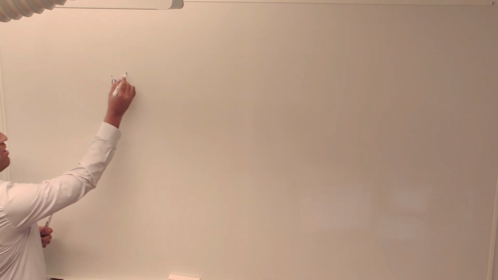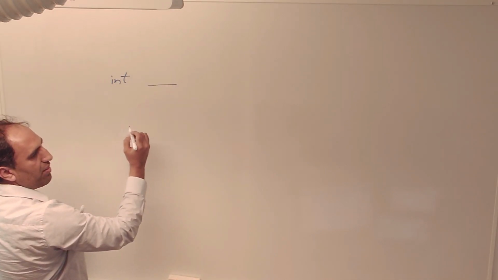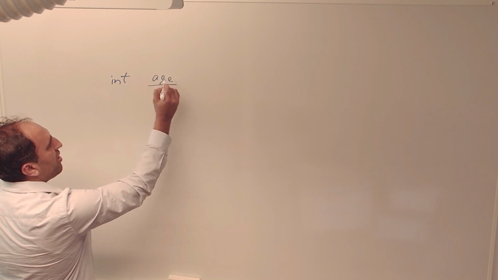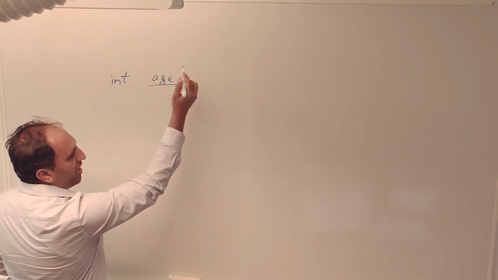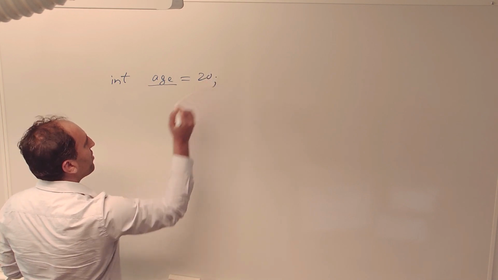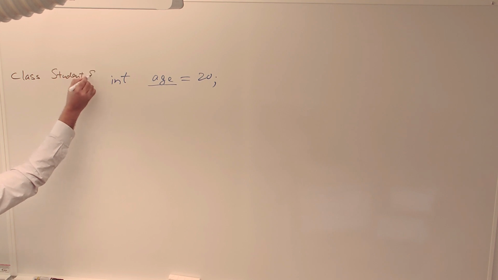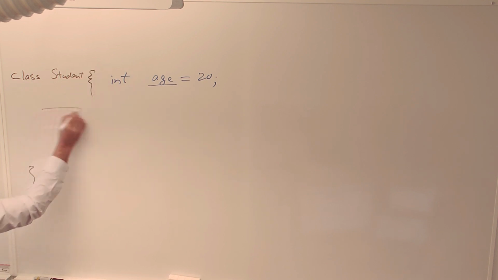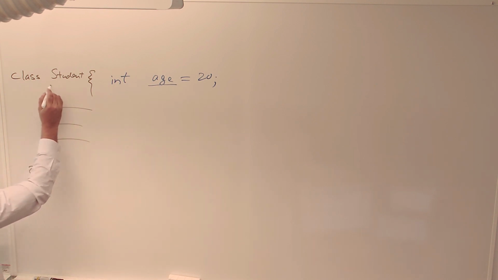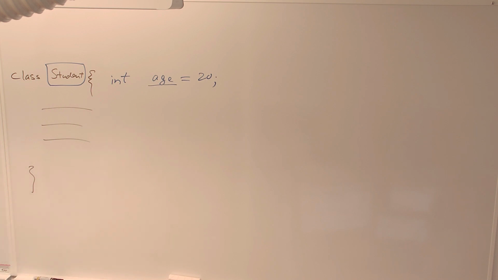So for example, we saw that if we have a primitive type, we need the type and then we need an identifier, for example, int age, and then optionally some value like 20, semicolon. Similarly, if you have defined a Java class student, and I won't go into the details of what we have defined inside, now this Student has become a reference type.